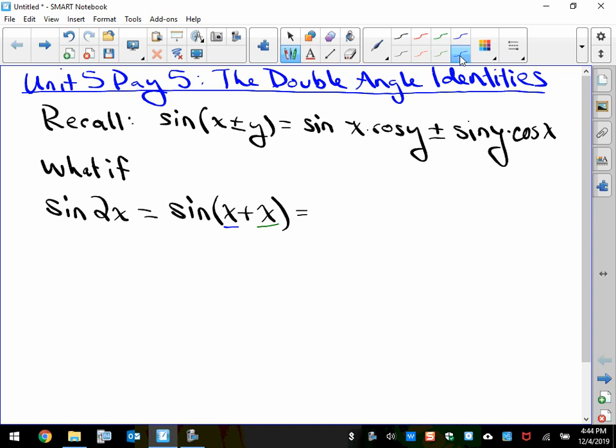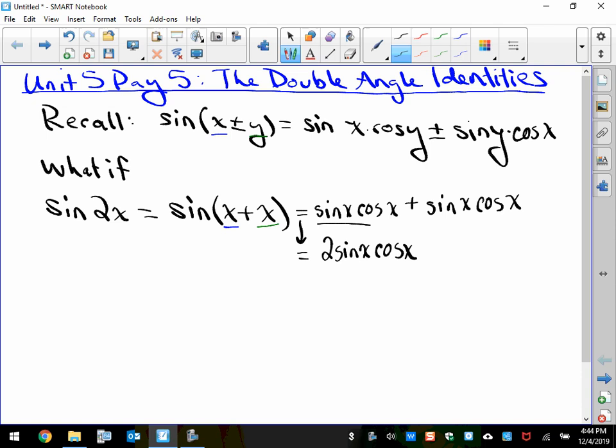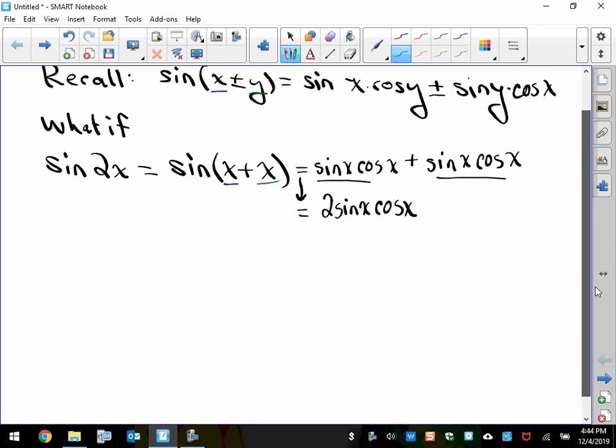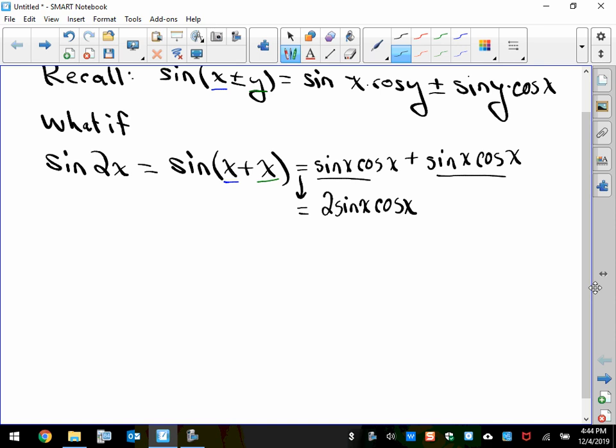So what we're going to do is replace those with the x's and y's up here. So the formula is sine dances with x while cosine dances with x. If it's a plus, it's a plus. Now sine dances with x while cosine dances with x. So we end up getting the double angle identity here, 2 sine x cosine x. We have two of them. Here's one, and here's the other one. So that's just a small derivation of the double angle identity.